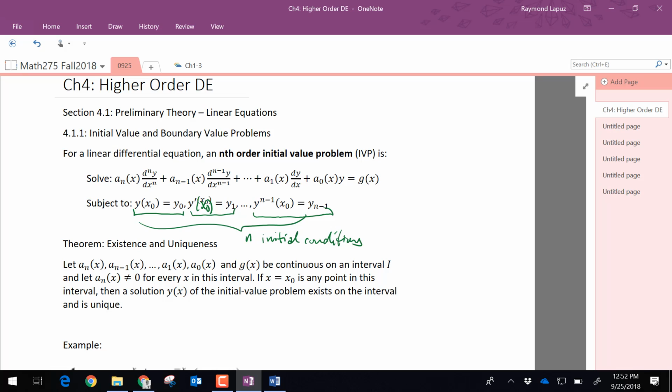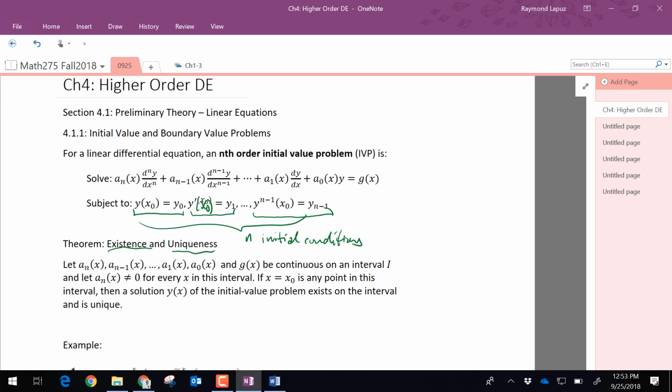So if those are your initial conditions, and then you have this differential equation, then you're guaranteed that a solution will exist, and that solution will be the only solution. Existence and uniqueness theorem says that you're guaranteed a solution, at least some function that contains x naught.